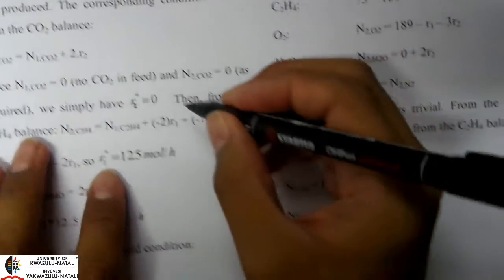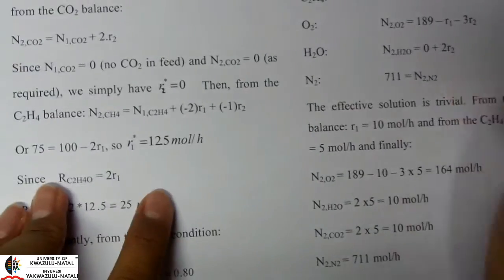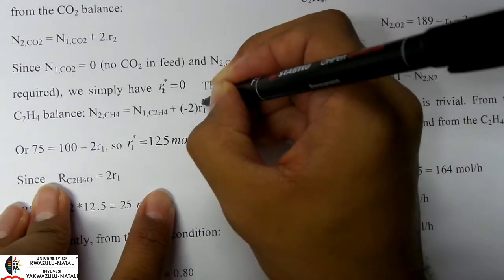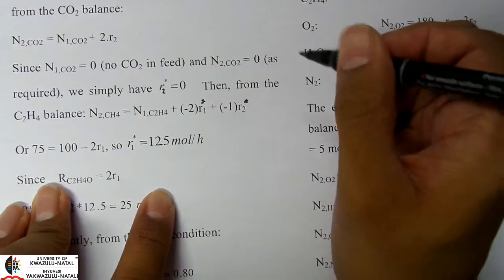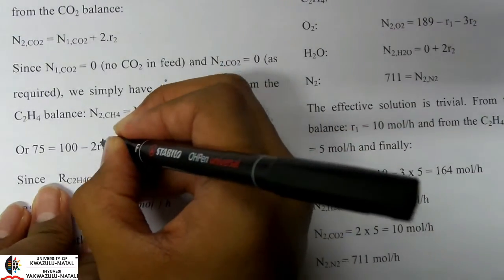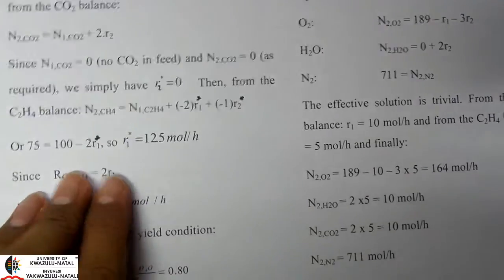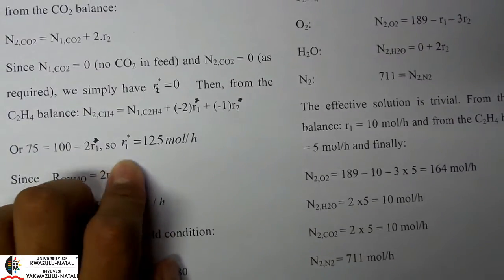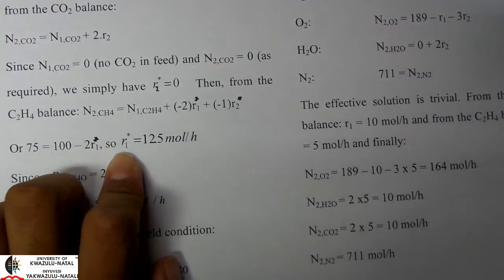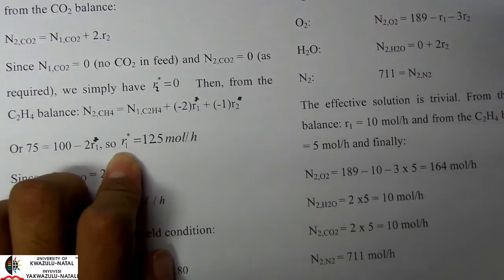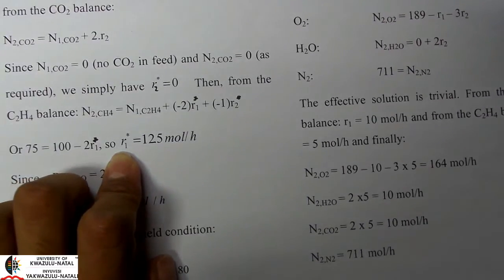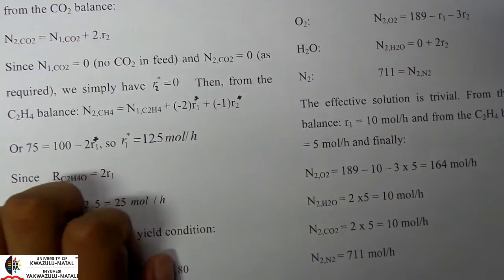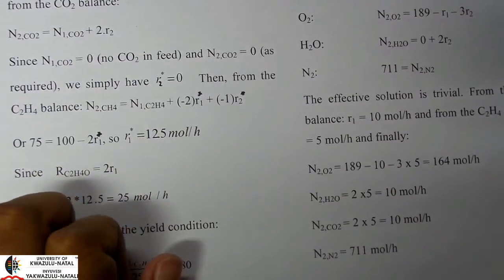Okay, so under this type of conditions of maximum yield, we are talking about R1 star and R2 star. Okay, and the same here. So we have not actually found our R1 and R2 as yet. We have found our reaction rates under maximum production of oxide, under those conditions.